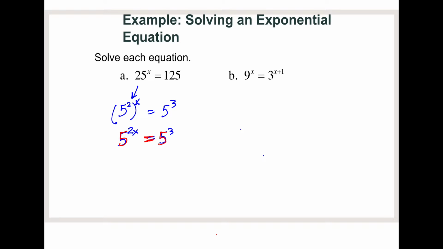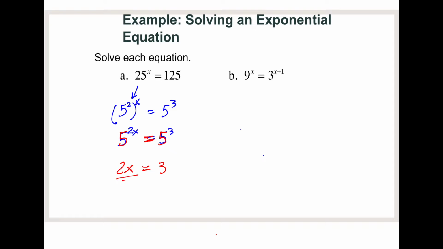So I want to figure out, what value for x will make 2x equal to 3? So we're kind of just rewriting this and focusing in on the exponents there, because I know for this statement to be true, the two exponents have to equal each other.